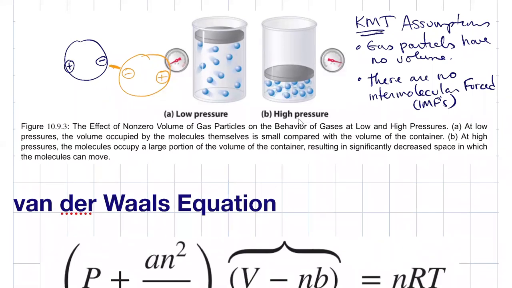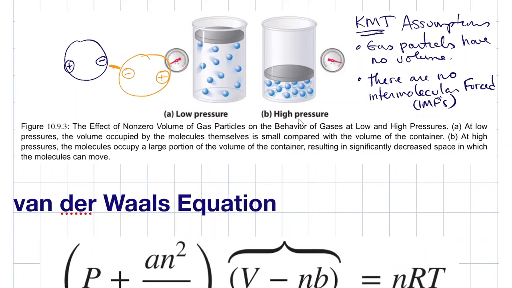So what's the problem if you have high pressure versus low pressure? They're more likely to come in close quarters with each other, meaning there are intermolecular forces. Yeah, let me just be clear. There are intermolecular forces in both of these pictures, but the forces would be much stronger when the particles are closer together, right?